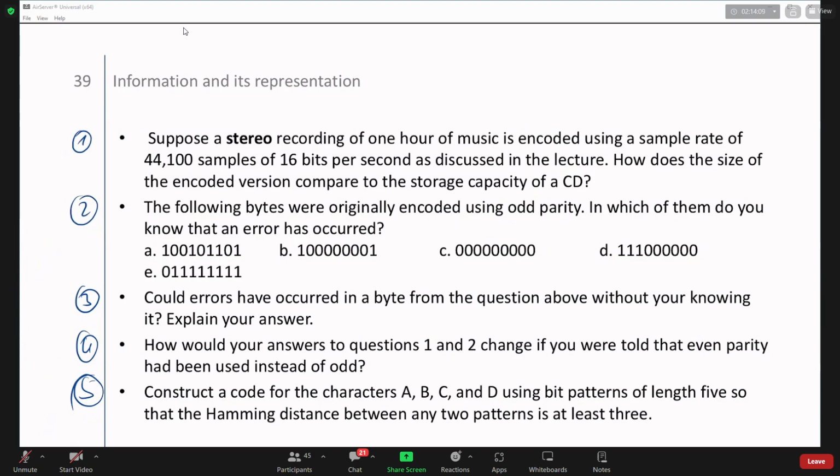No. It is given there that you received these patterns and they had been encoded using odd parity. So you don't need to set your parity bit within this one. That's what you received.